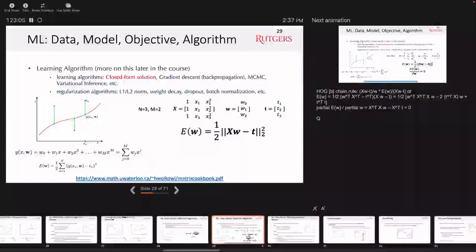So it's going to be 1 times W0 plus x1 times W1, and x1 squared times W2, right? So this is the first entry.